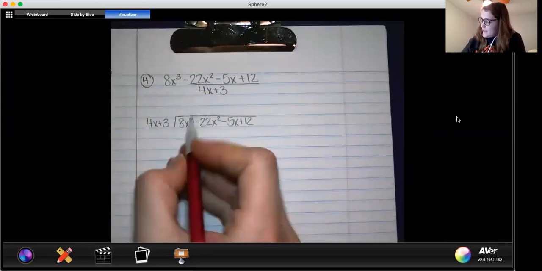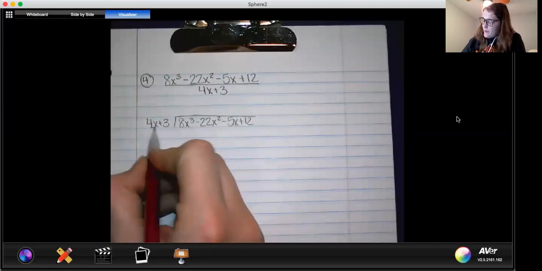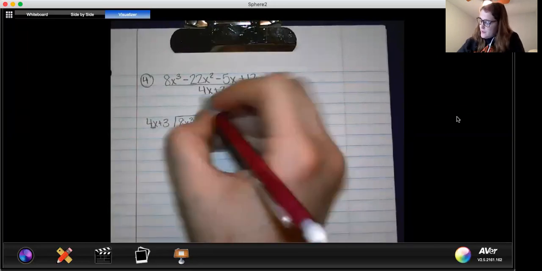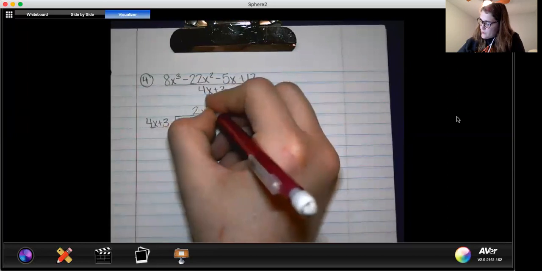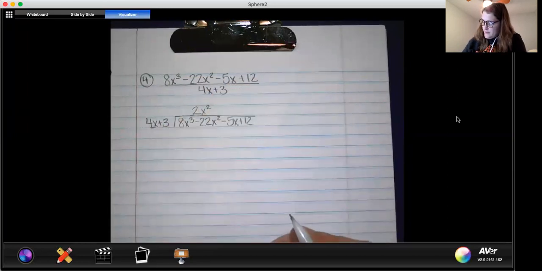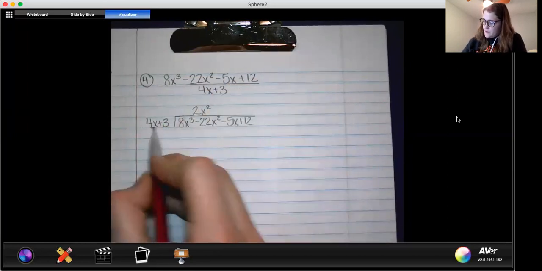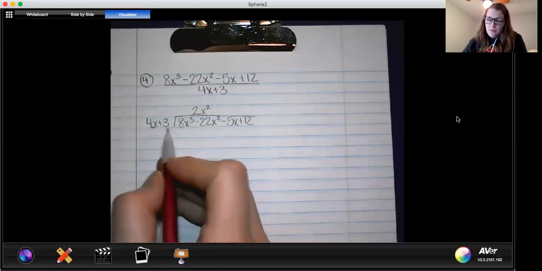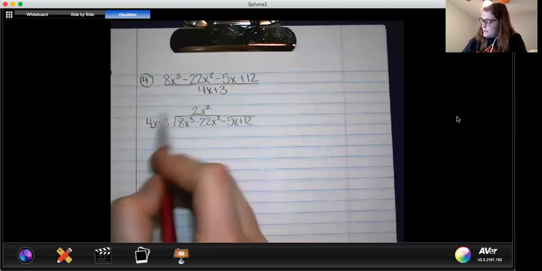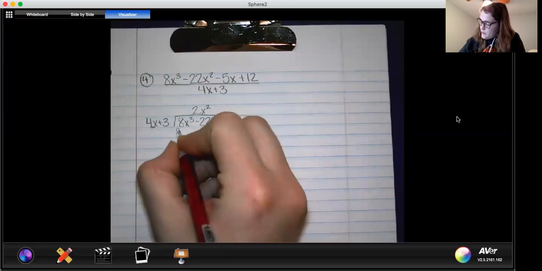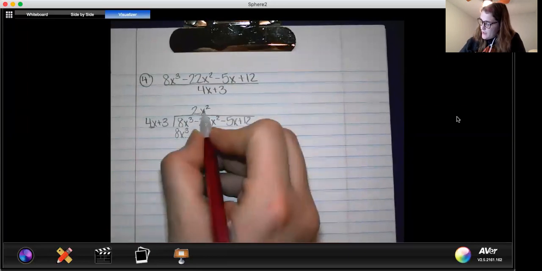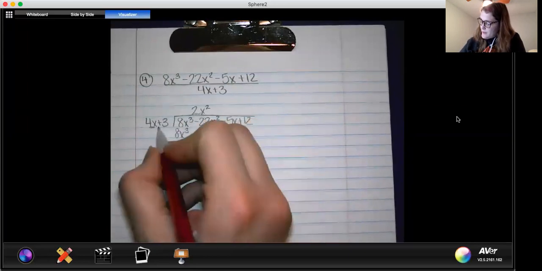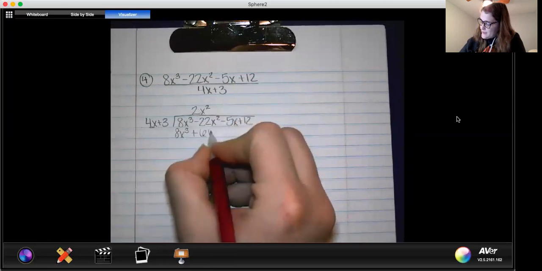Then we start the process. 8x cubed divided by 4x is 2x squared. Make sure the variables and the numbers both match up. When I multiply, we get 8x cubed plus 6x squared.